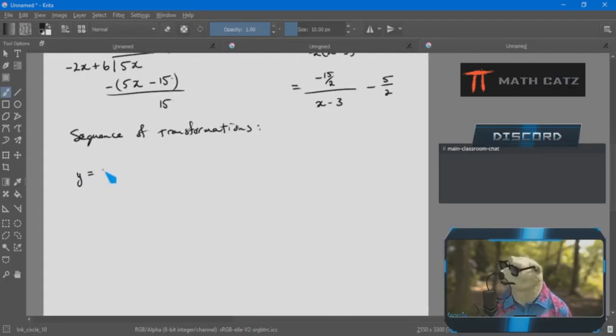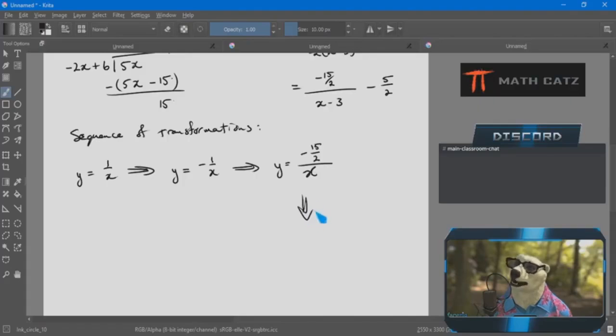I'm going to start with 1 over x, my basic rational function. I only need 1. Then I like to do a reflection, so I multiply the right hand side by negative 1. Then you can maybe do the stretch by multiplying the right-hand side with 15 over 2 in this case.